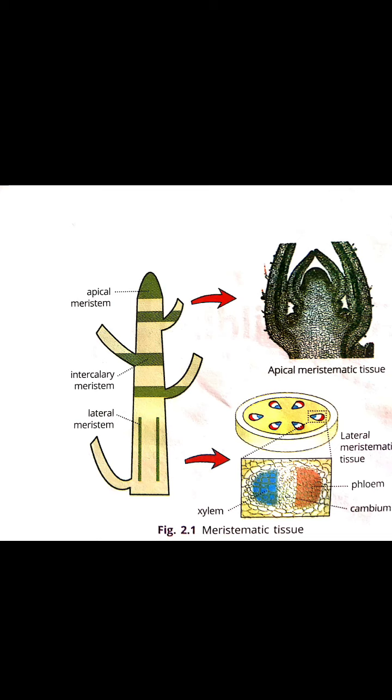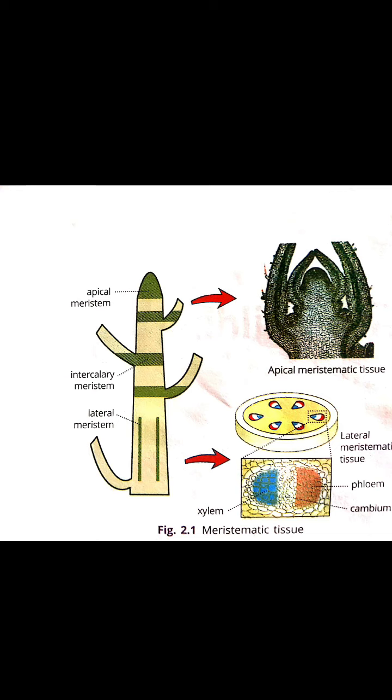Capture this figure in your mind. If someone shows you later on and asks which tissue this figure is concerned with, just take one second and tell them, yes, this is related to meristematic tissue.